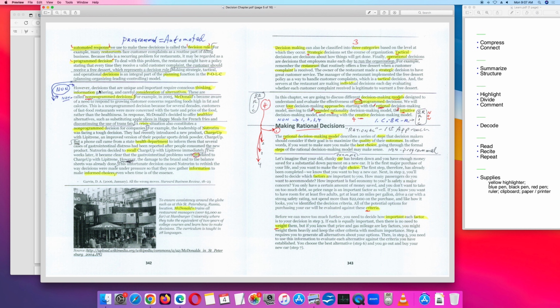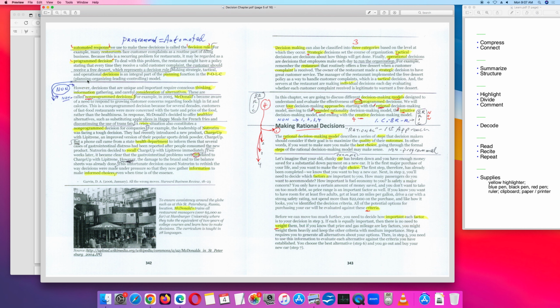So part 1 of the paragraph here talks about non-programmed decisions. Okay, let's start at the upper left corner, 342. The top of the left page talks about programmed, automated decisions.